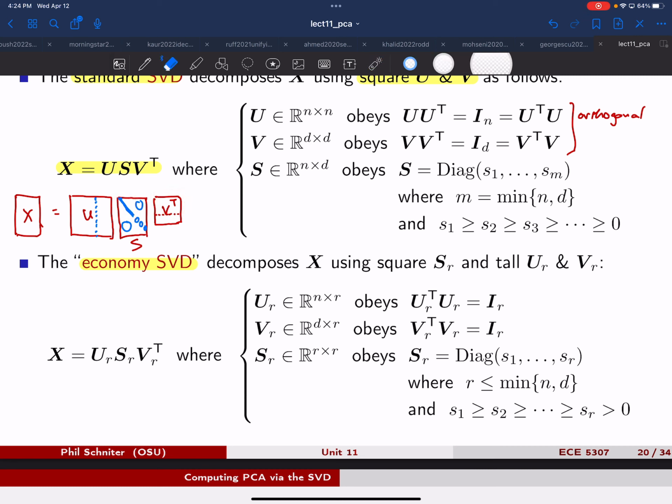So maybe I'll draw the same X again. So now it's going to be a U like this, an S like this, and a V transpose like this. And so in this case, all of the S will be invertible. All the elements along the diagonal are positive.